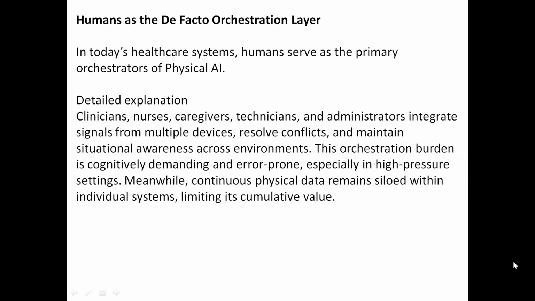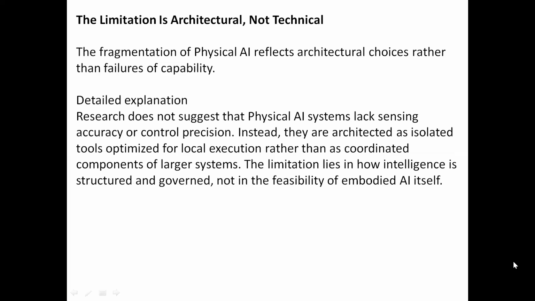Another thing is that the human serves as the primary orchestrator of physical AI. So it's kind of a human-agentic AI co-orchestrator. It would be another layer that we can think about, and then the architectural limitation can be overcome.